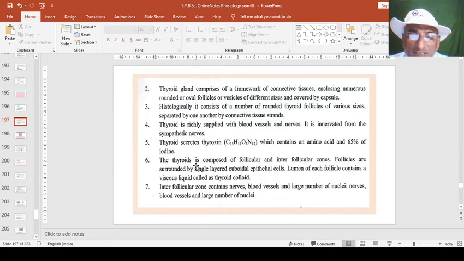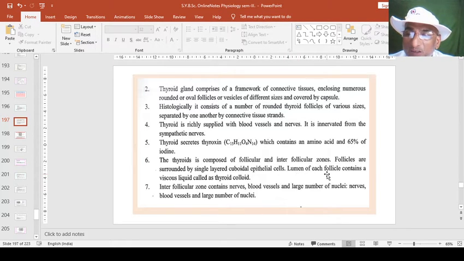The thyroid is composed of follicular and interfollicular zones, as you have seen in histology. So there are follicles of various sizes. So these are follicular and interfollicular zones. So follicles are surrounded by single layered cuboidal epithelial cells. So cuboidal cells are responsible for secretion everywhere, and therefore naturally the thyroid gland have cuboidal epithelial cells.